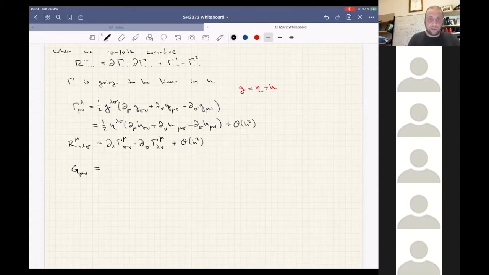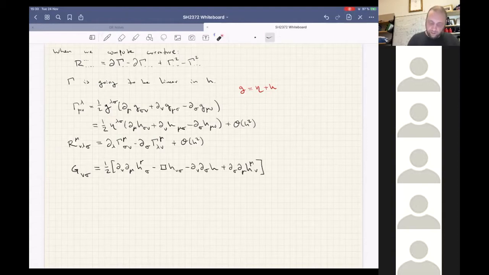If we just take the linear contribution, this is going to end up being 1/2 d nu d mu h mu sigma minus the D'Alembertian h mu sigma, minus d nu d sigma h, plus d sigma d mu h mu nu.